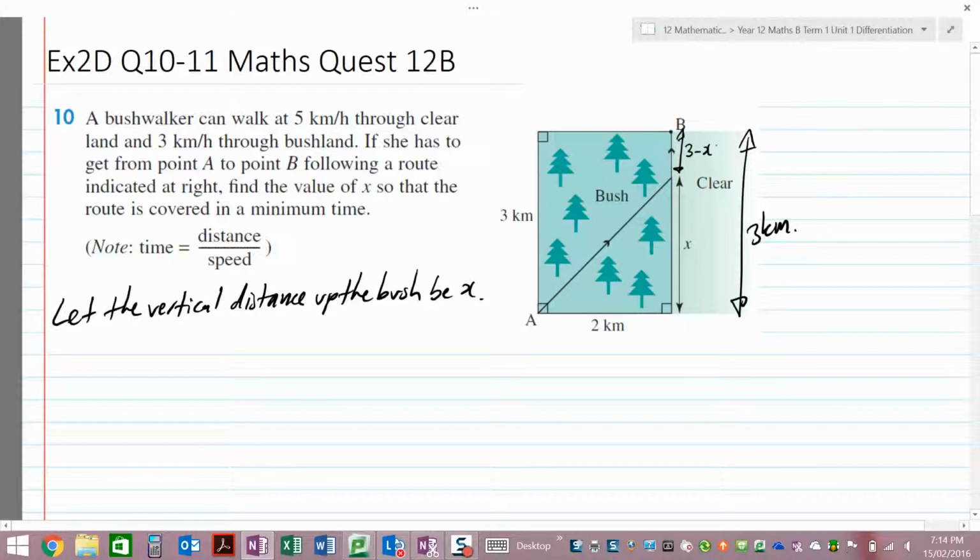Alright, so here's where it's going to get interesting. Bushwalker can walk 5 kilometers an hour, so for this section she's walking at a speed of 5 kilometers per hour. For this distance she'll be walking at a speed of 3 kilometers per hour.